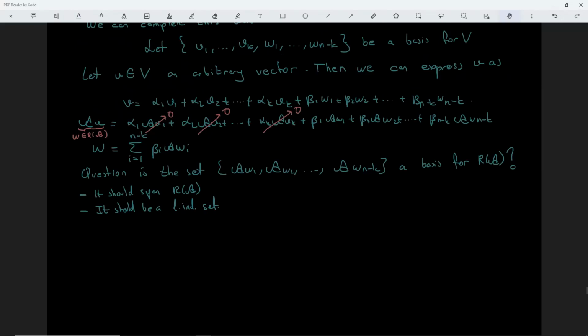So it looks like these can span the range space of A. But in order to show that the span of a set is equal to another vector space, what was the method that we were using? We should also show that a linear combination of these vectors is also in the range space of A, right?